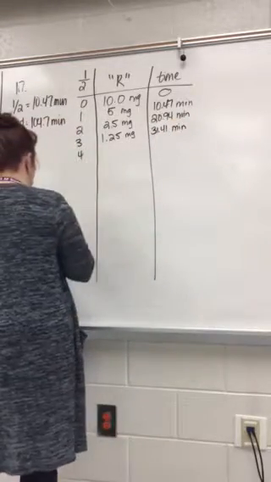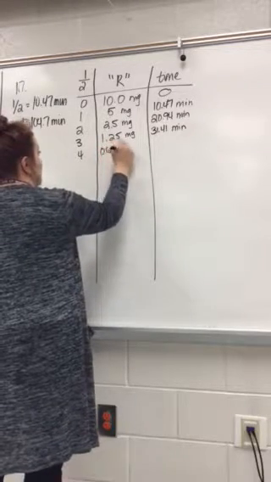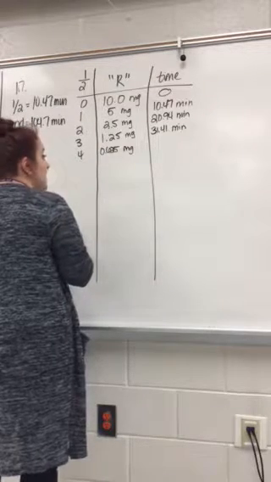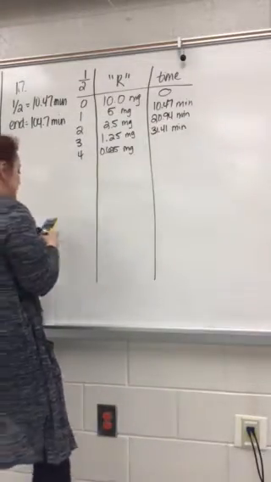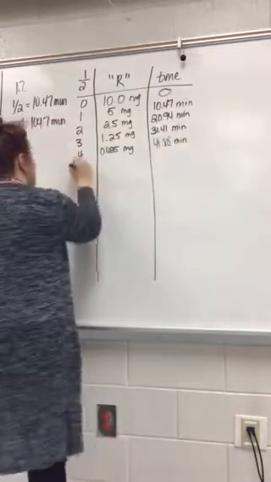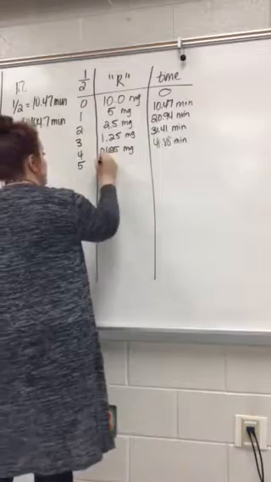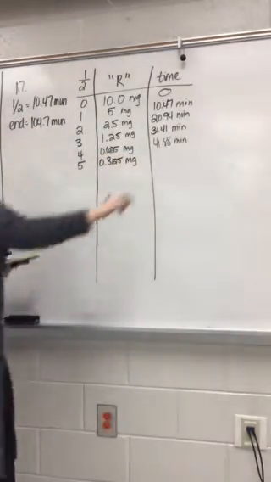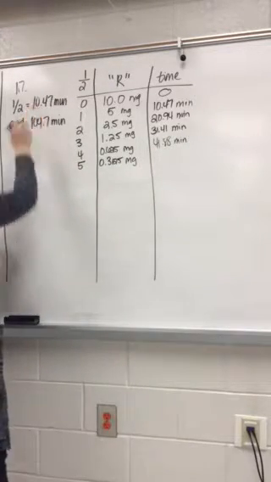Keep going. 1.25 divided by 2 becomes 0.625 mg. And then 31.41 minutes have already passed. Another half-life has happened, so we add 31.41 plus 10.47, and we get 41.88. Another half-life, 0.625 divided by 2 becomes 0.3125 mg. And then 41.88 minutes had already happened. Another half-life goes through, so we're going to tack on more time.